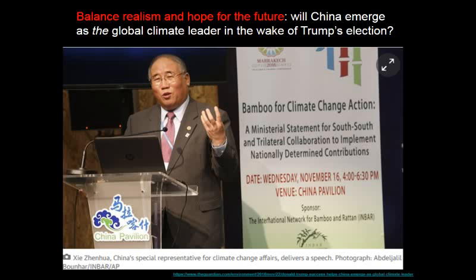So will China emerge as the global climate leader in the wake of Trump's election? Open question. Obviously China right now is trying to position itself, both because it's dealing domestically with incredible pressures of its own pollution, and the incredible domestic pressure that creates from its own people for change.